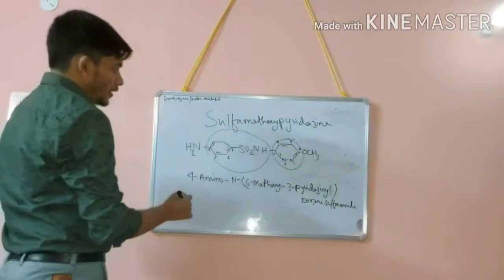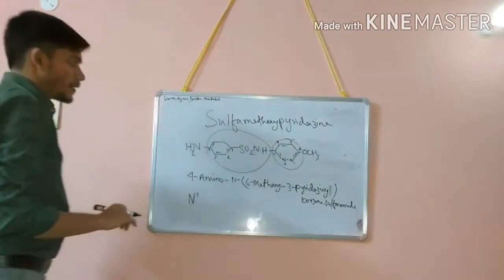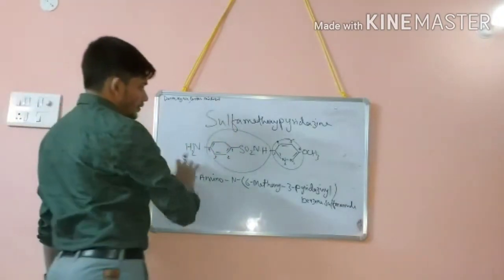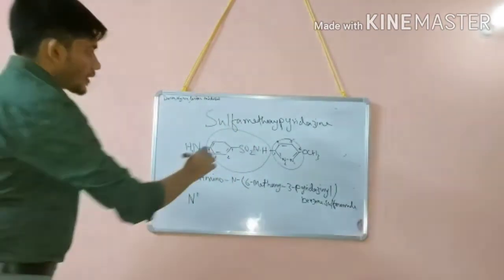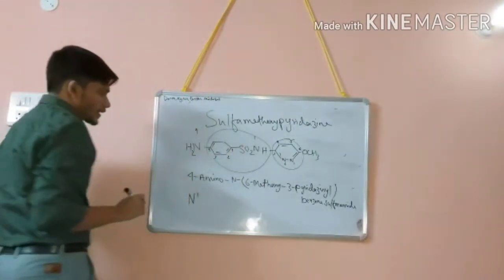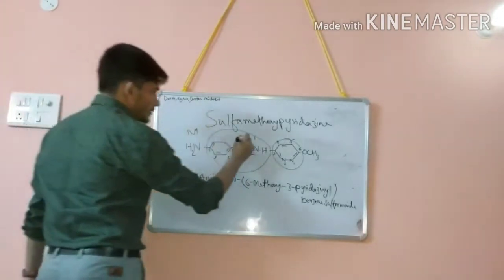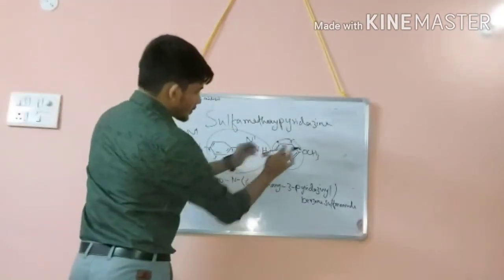Another name we can give, I am writing N1. Always remember, in the sulfonamide structure, or more precisely the sulfanilamide structure, this N is always N1, and this is the 4th, N4. So in the N1 position, what is attached?